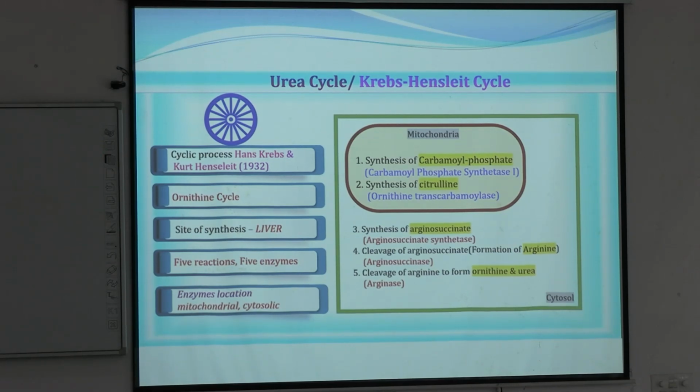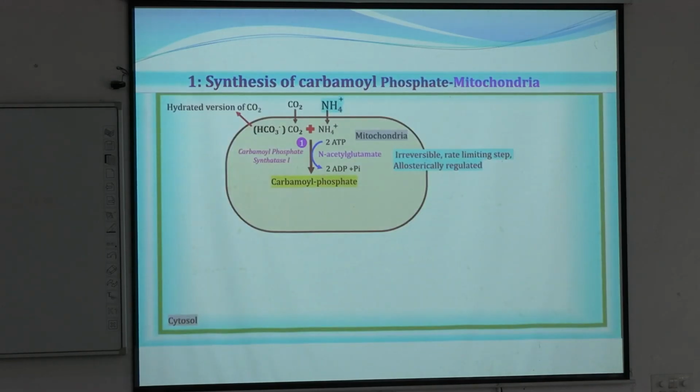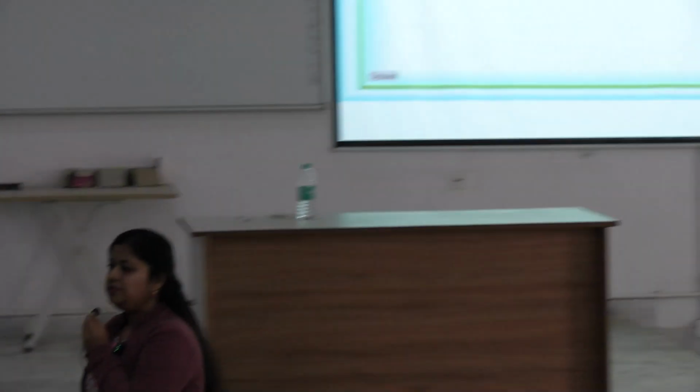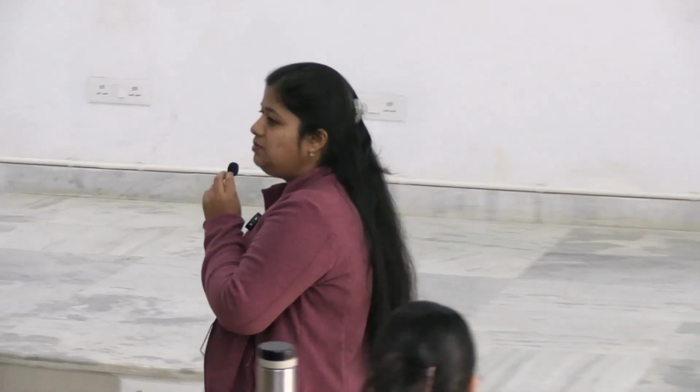Now we will see the urea cycle itself. The first step is synthesis of carbamoyl phosphate in mitochondria. I told you the first 2 steps occur in mitochondria. From the structure of urea, I told you one nitrogen is from ammonia and the carbon is from carbon dioxide.